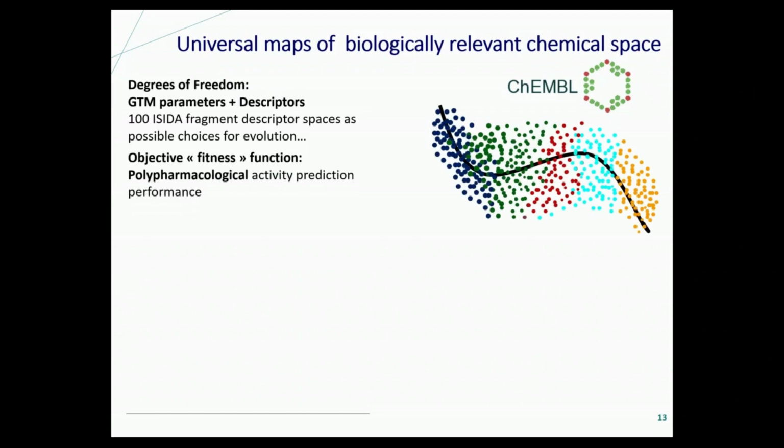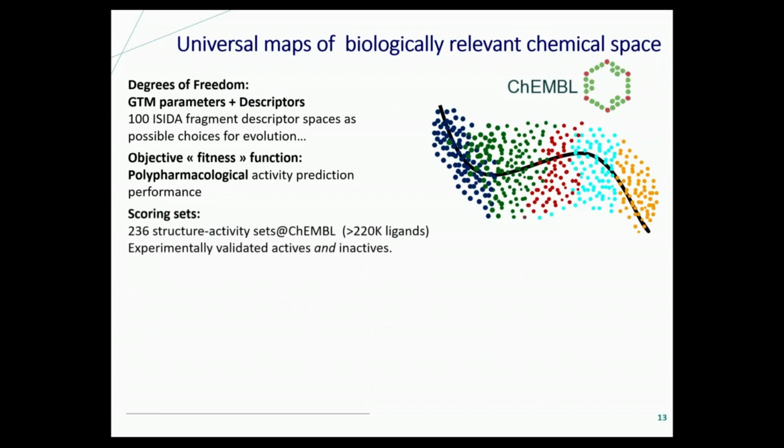And what is the fitness function of our map? Well, it's polypharmacological activity prediction propensity, in the sense that we didn't want a map that works well for mu opiates or for COX-2 or for adrenergic receptors. We wanted a map that works well for as many targets as we can get.